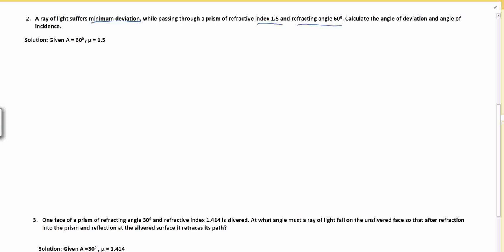Calculate the angle of deviation and angle of incidence. So here angle of prism A is given, that is 60 degree, and the refractive index of the material of prism is given, that is mu is equal to 1.5, and we have to find the angle of deviation, the minimum deviation, and also angle of incidence.